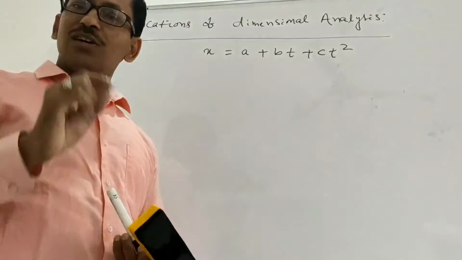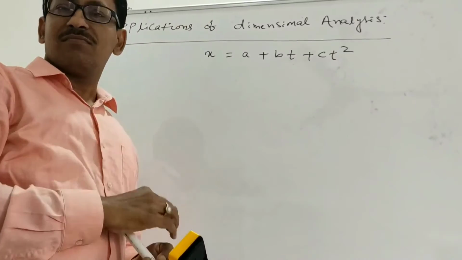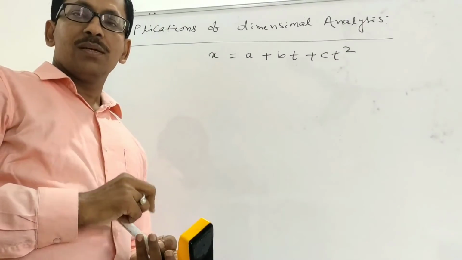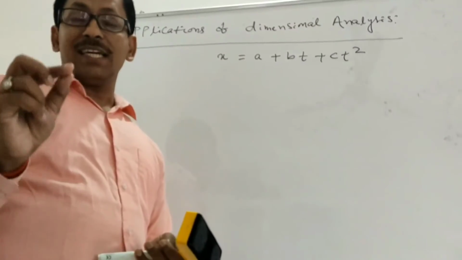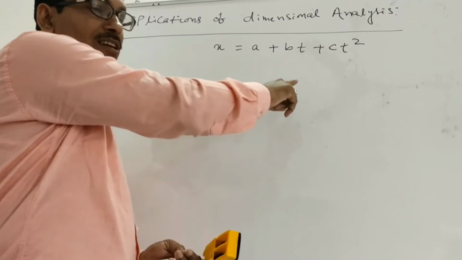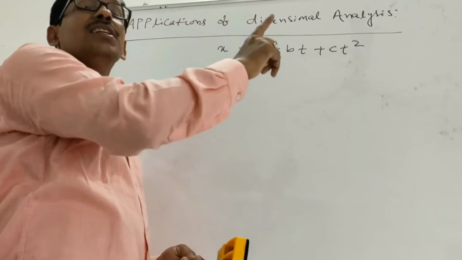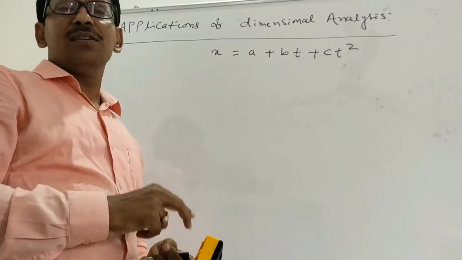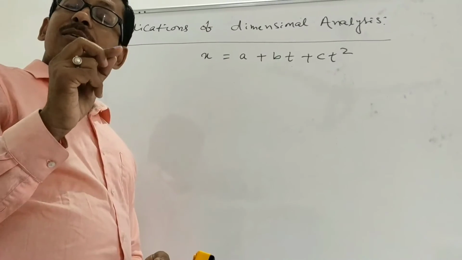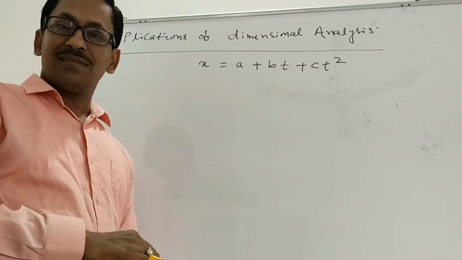You have to find the dimensions of the constants a, b, c. Question understood? You have to find the dimensions of a, b and c.